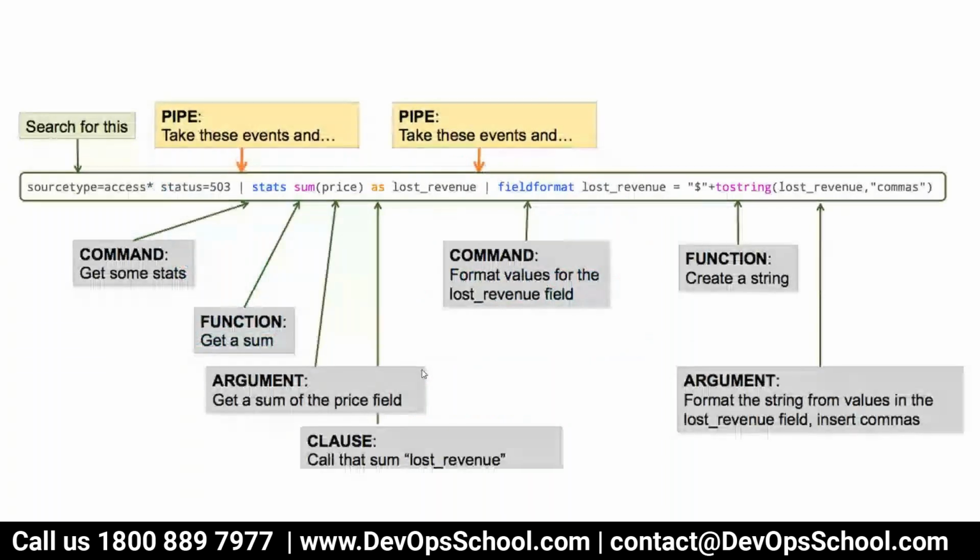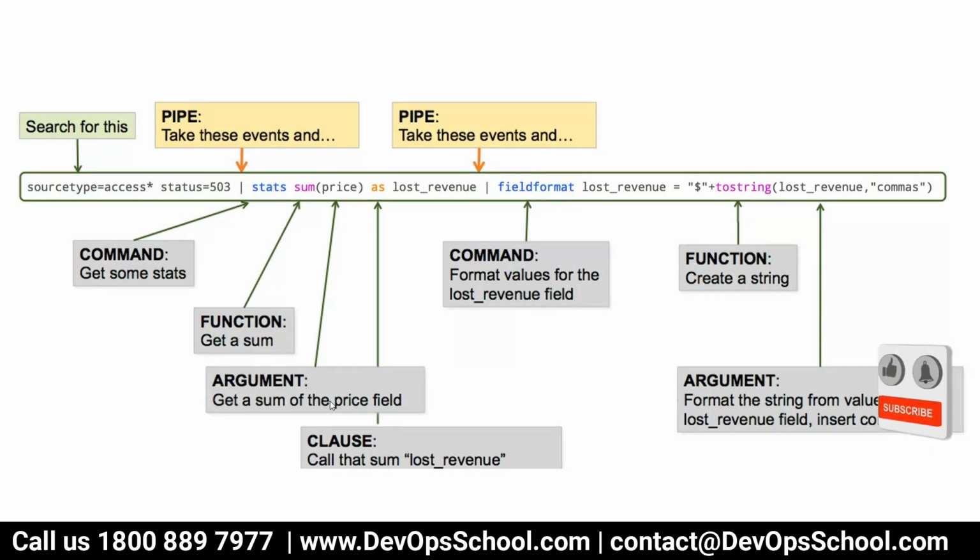Okay, so how do we search and filter and then optimize the search results? So you see the pattern here. First thing, filter the log by various different fields. Now in this example on this slide, sourcetype is equal to something, status is equal to something.